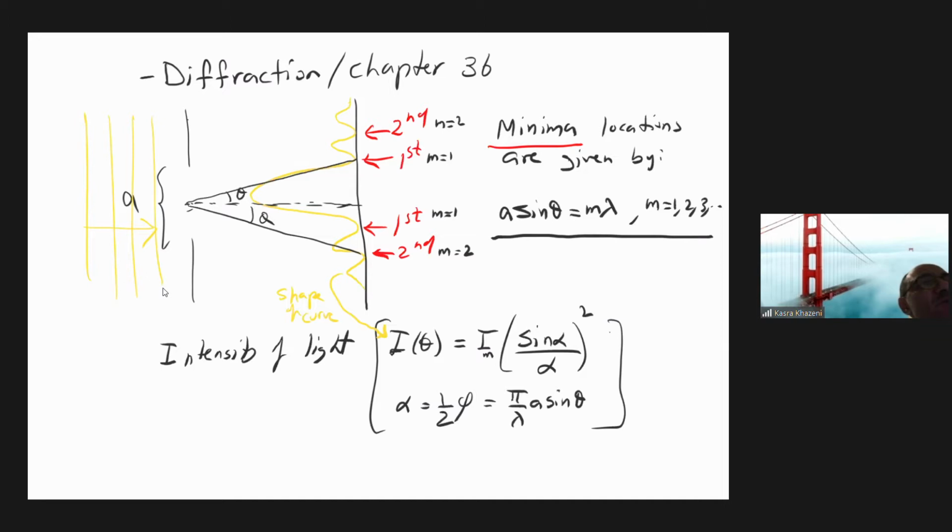All right, so how about the location of maxima? So far, we could find the location of minima pretty accurately. And we have this equation that shows the actual functional form of the intensity on the screen. From this equation, you can actually get the location of the minima directly from the function by setting it equal to 0.